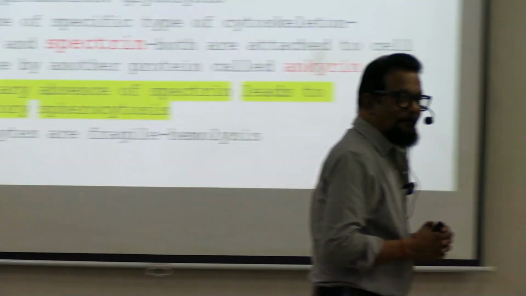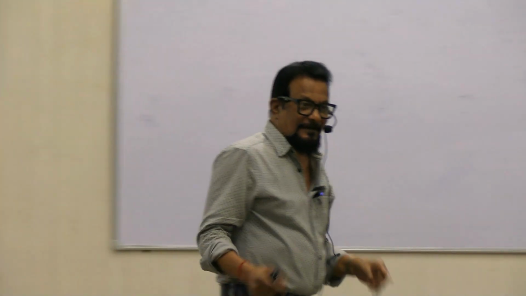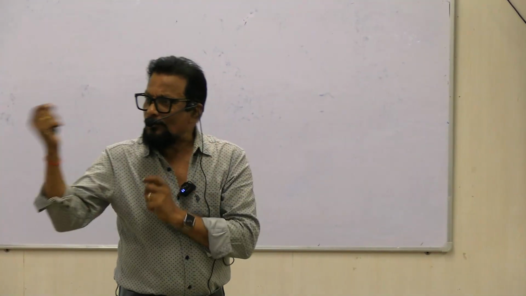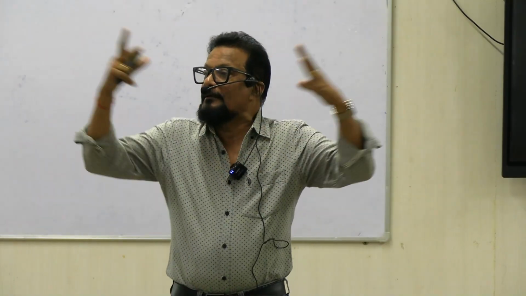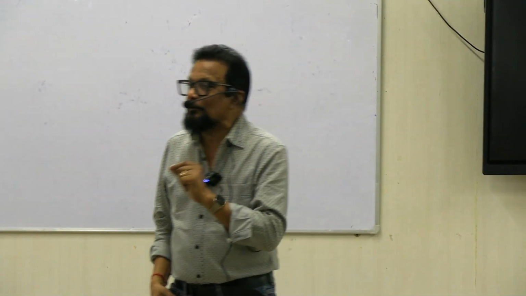As a result, what will happen? It will lose the structure. There is no spoke, like an umbrella. Or you can think of it as strings. No strings, so it will take the shape of a spherocyte. So this condition is called spherocytosis.